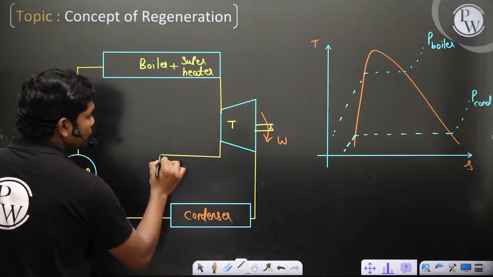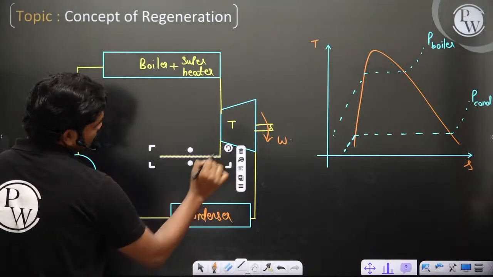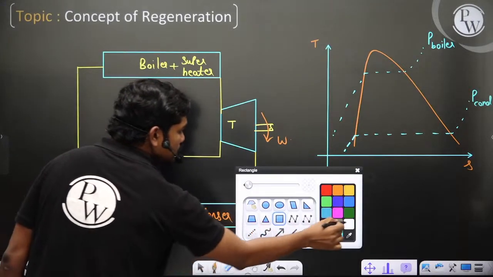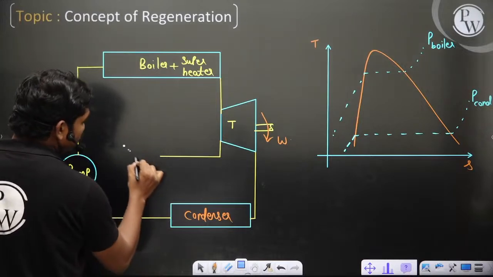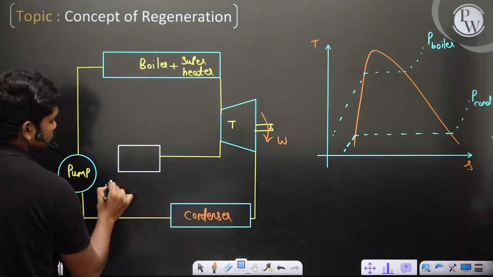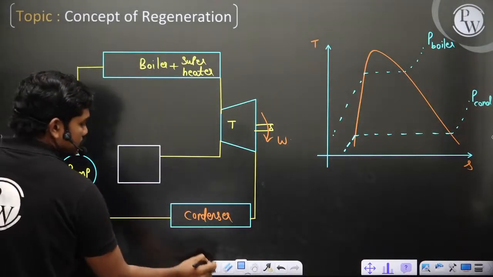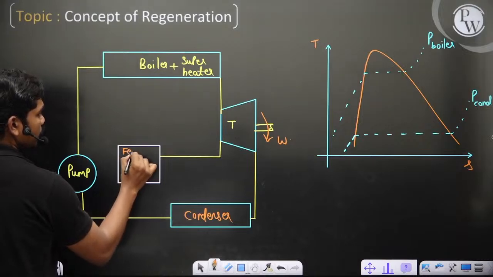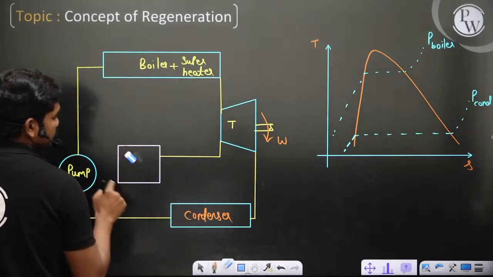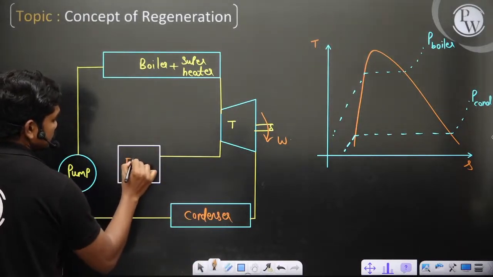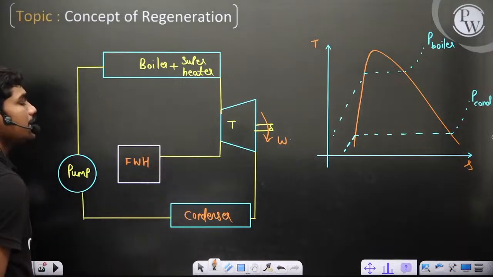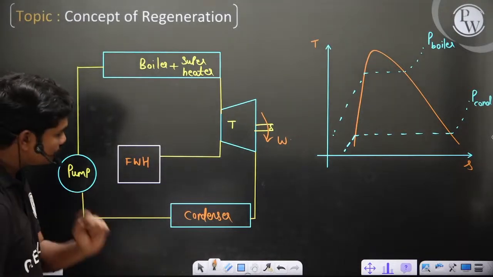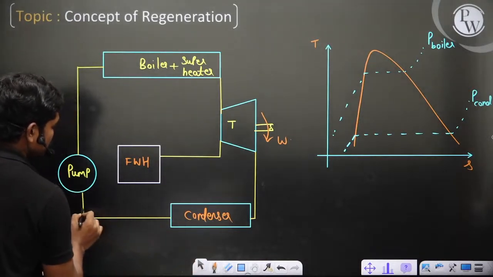Okay, so we will take out some steam from this turbine and send it into something called a feed water heater. This device is called a feed water heater. Okay, now if this is the feed water heater, just try to understand this.